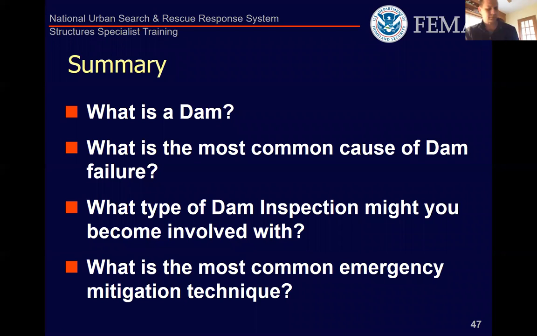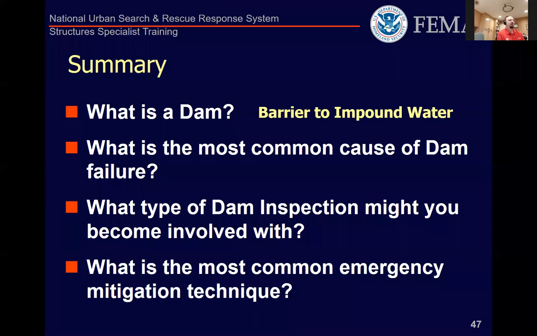All right. So in summary, what is a dam? Anybody? Barrier to impound water. All right. Hit the animation there, Mike. All right, good job. What is the most common cause of dam failure?